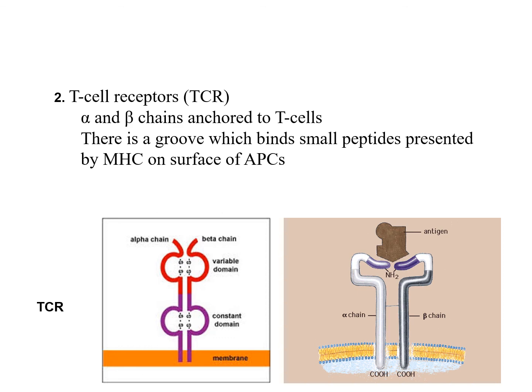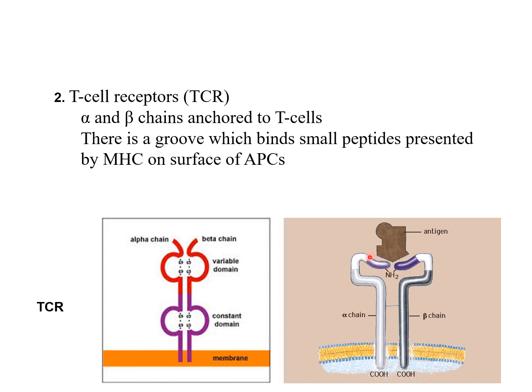The T cell receptor is composed of an alpha chain and a beta chain, which are embedded within the T cell. And there is a groove which binds small peptide presented on MHC on the surface of antigen presenting cells.